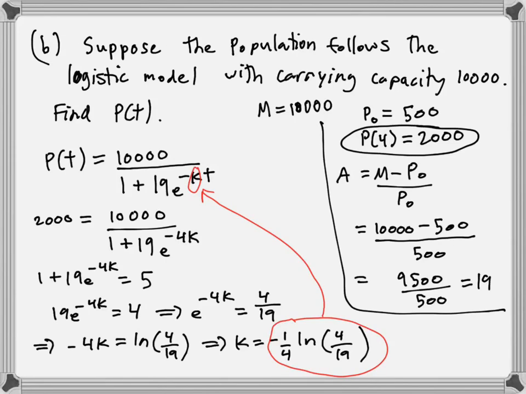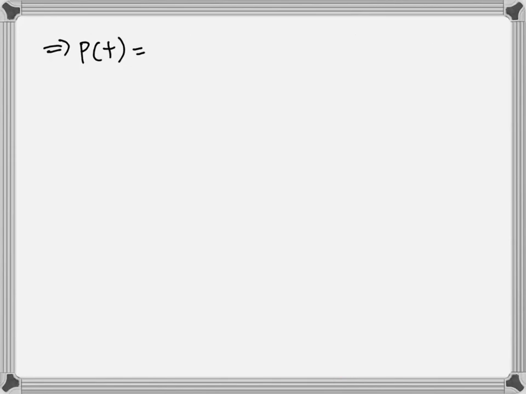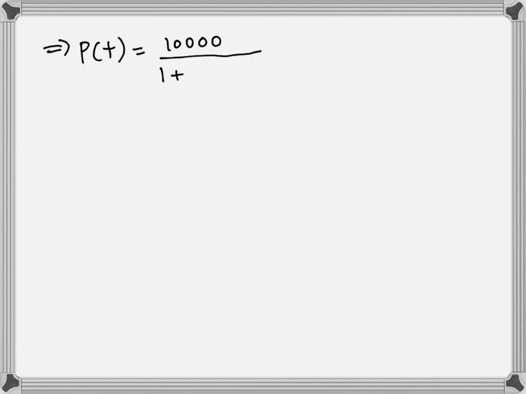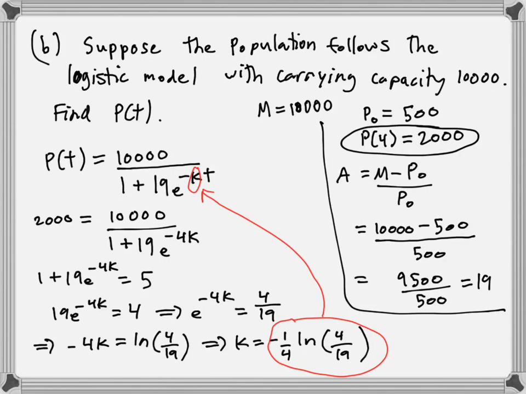Let me back up here. We've got 10,000 over 1 plus, and then k, oh no, we have 19 e to the, two negatives cancel out. So let me write this down. 1 plus 19 e to the, and I believe we have t over 4, right? Let me take a look one more time here.